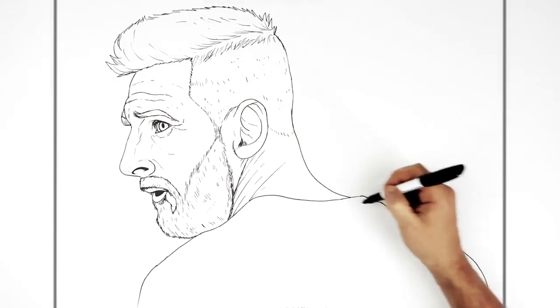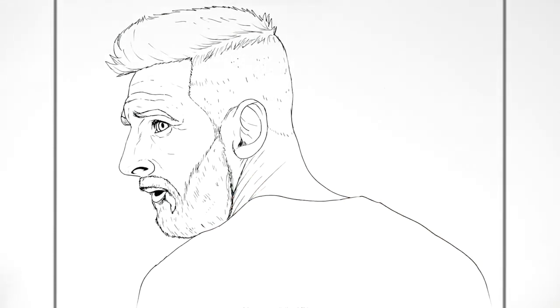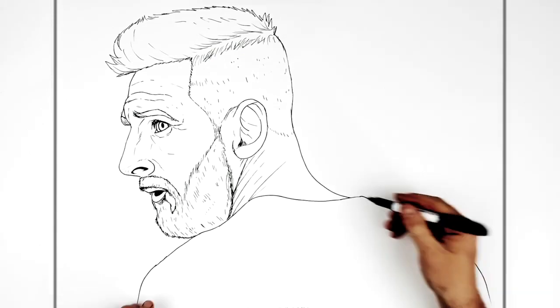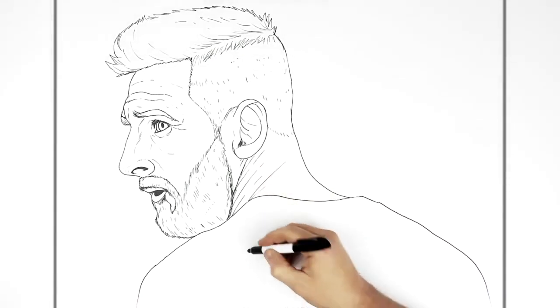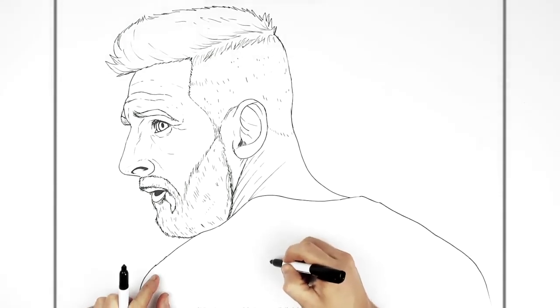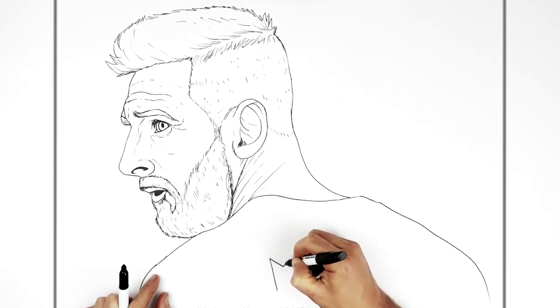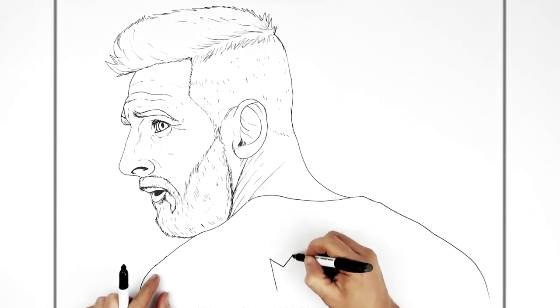Right, so then on his jersey, we have his name and some markings for the Argentinian stuff, right? So say we'll do his name first. We'll do the M. So we'll go M, just coming across here.